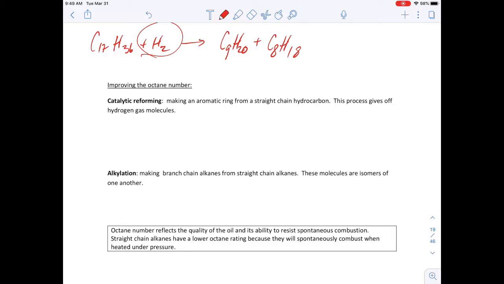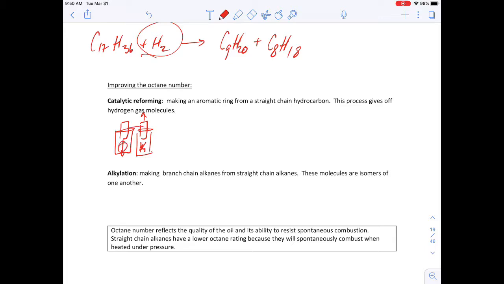So the fuel is going to need to be burned in a combustion engine, and it can't burn too quickly. So essentially what happens in a combustion engine is you have a piston that's going down, and at the same time you've got a piston that is going up, and they're in a chamber, and in that chamber you've got an explosion in one chamber, and we do not have an explosion in the other chamber.